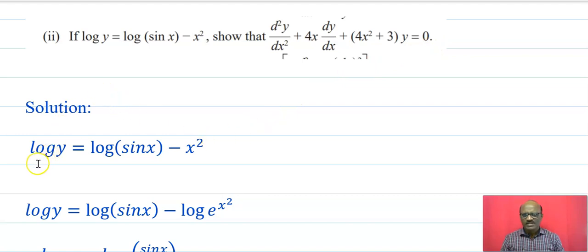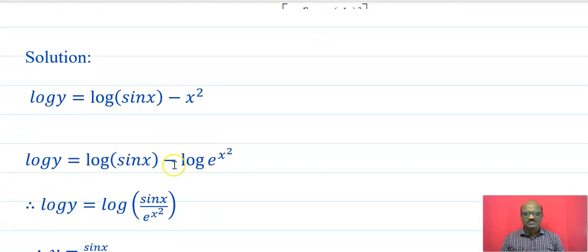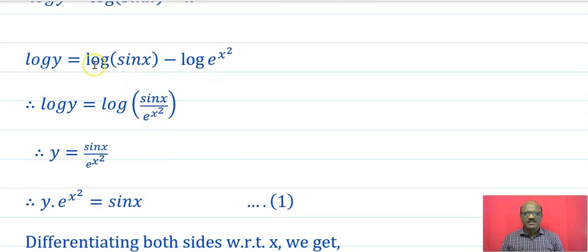Now we are given that y log y is equal to log of sin x minus x^2. Now this x^2 can be written in terms of the log, that is log of e raised to x^2 to the base e, whose value is again x^2. Therefore here see this, log of sin x minus log of e raised to x^2. Here is a minus sign.